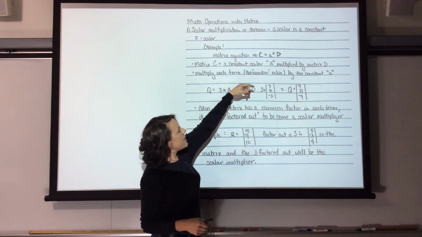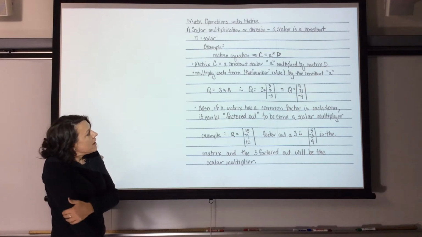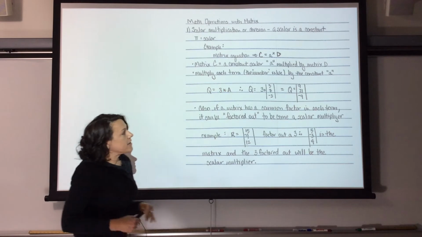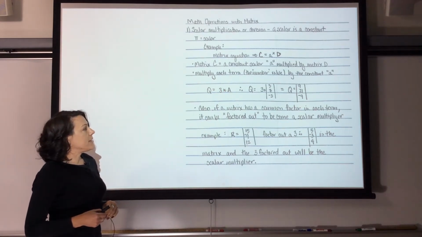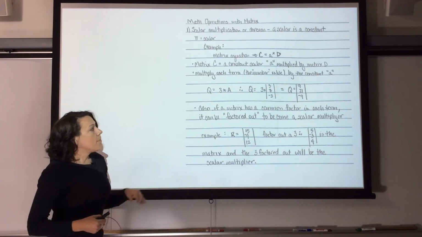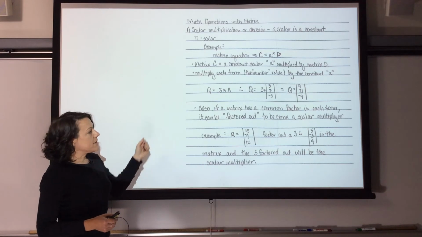So in this one, C matrix is a scalar times a matrix. We would say the matrix C, the constant scalar A, is multiplied by a matrix D. Sometimes you can see it with the bars over the top of it. So we multiply each term by the number value, or the scalar, the constant.